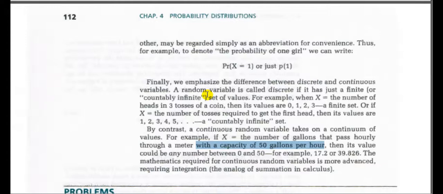Its values could be any number between 0 and 50. You could have 25 gallons in that hour, but it could be 17.2, or it could be 39.826. When you have every possible decimal number between 0 and 50, that's called a continuum of values, and in that case x would be a continuous random variable.